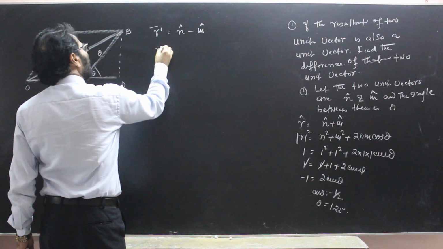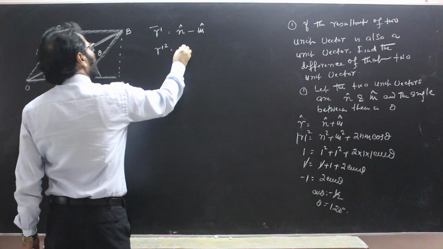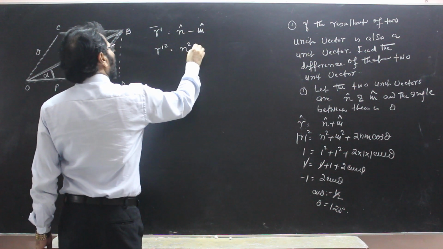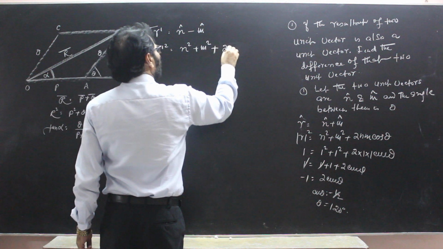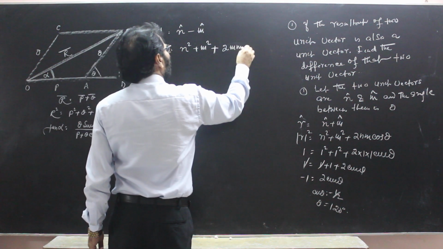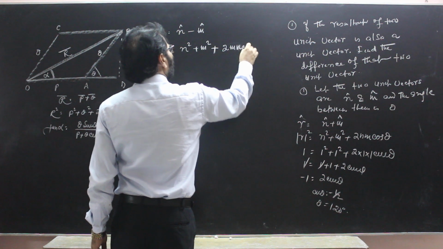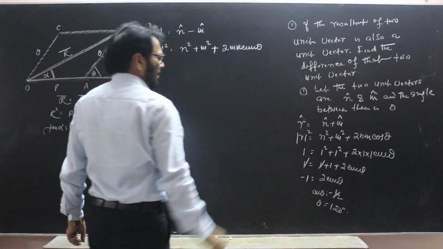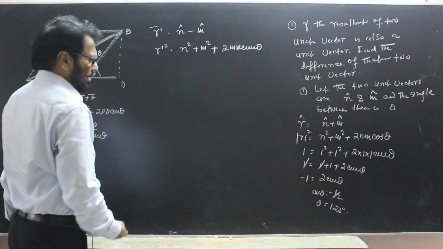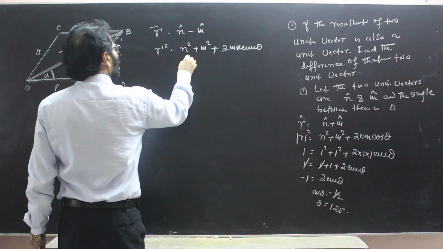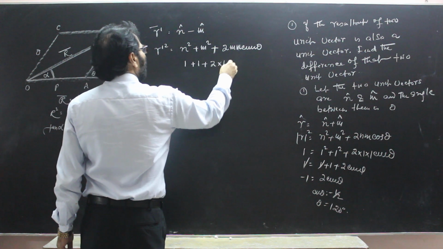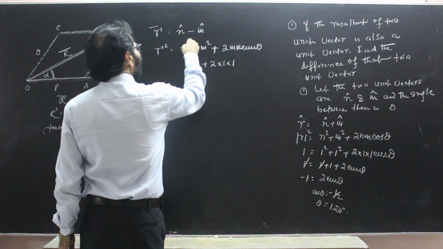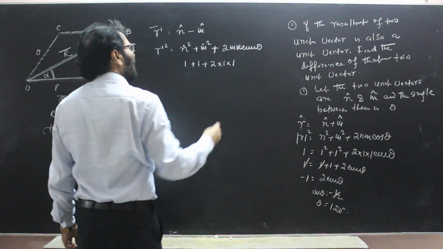So r dash square is n square plus m square plus 2nm cos of 180 minus theta, since the angle between n and m is 120. So it is 1, 1, 2, 1 into 1. Of course this is square.